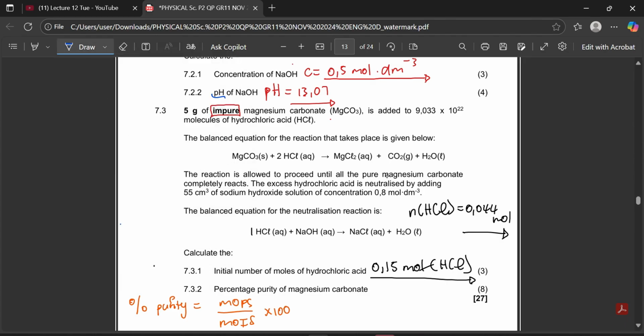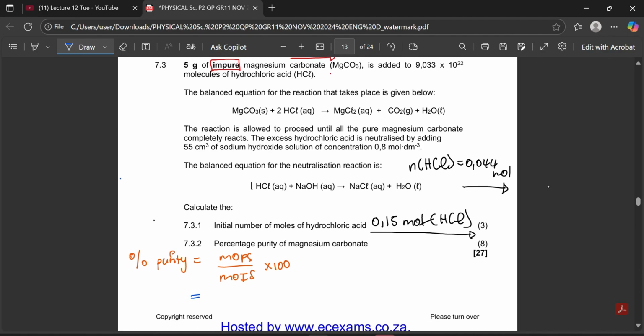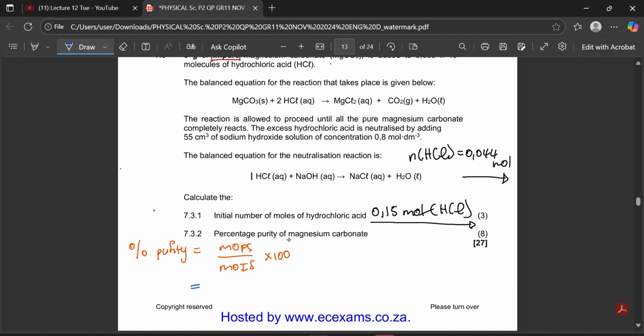They say that magnesium carbonate was limiting and hydrochloric acid was in excess. What we want is the percentage purity of magnesium carbonate, not of hydrochloric acid, right?